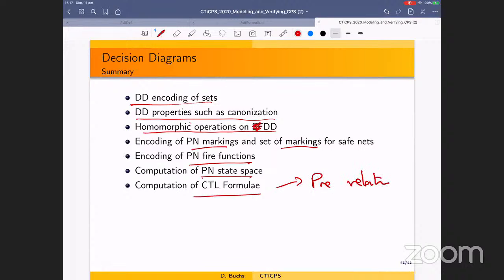And this is a problem because for high-level nets, for instance, it's not possible to compute it. We made some very complex inversion of the logic, of the semantics of the firing relation, but this is something relatively difficult, but probably possible. This is an open question for the computation of CTL formulas on high-level nets.